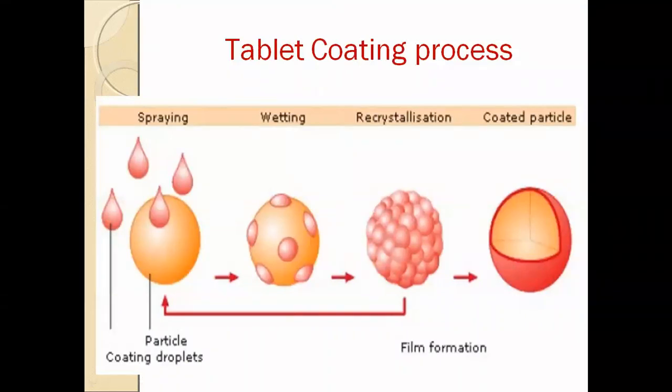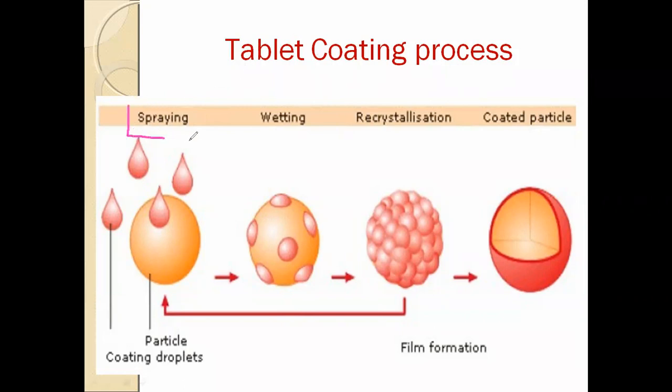Now let's understand the overall process of tablet coating. I hope everyone can see the slide which I have projected in a clear way. Now you can see the various steps involved.